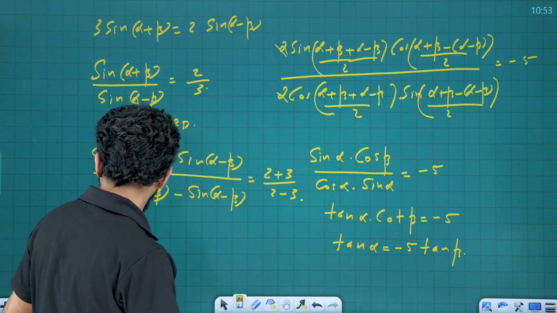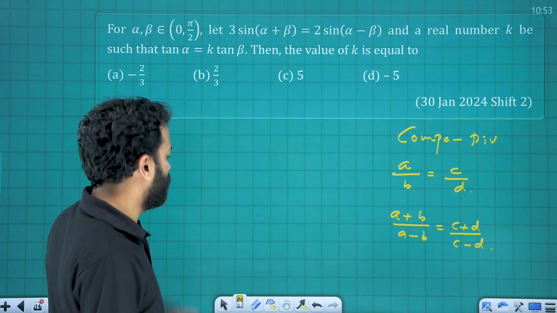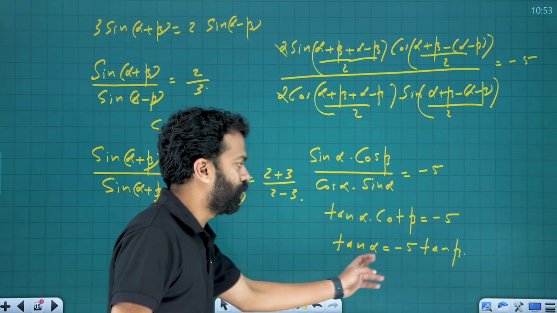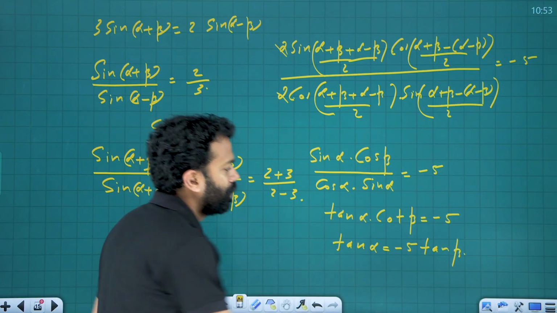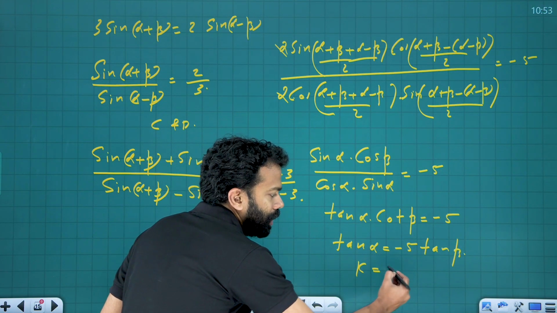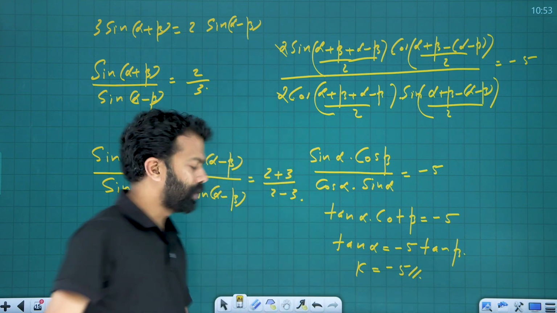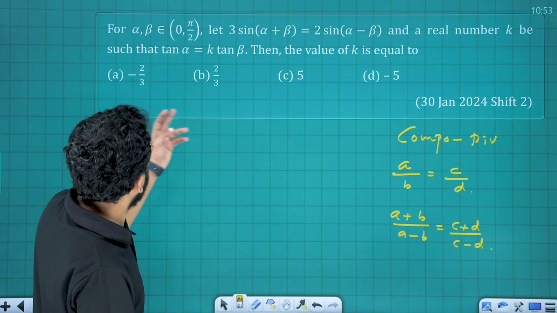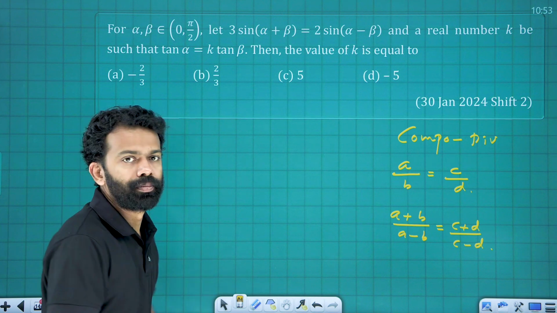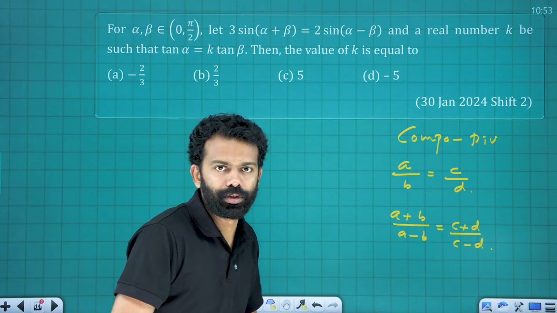Our equation was like this: tan alpha is equal to k into tan beta. Therefore, tan alpha is equal to minus 5 into tan beta. Comparing it to the parent equation, you will get k is equal to minus 5. So, the correct option is D. And that's all for this question.